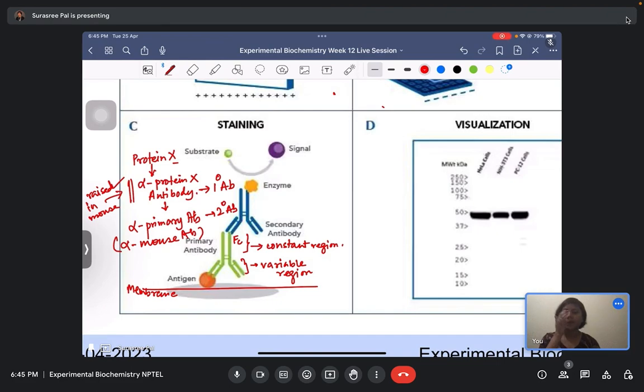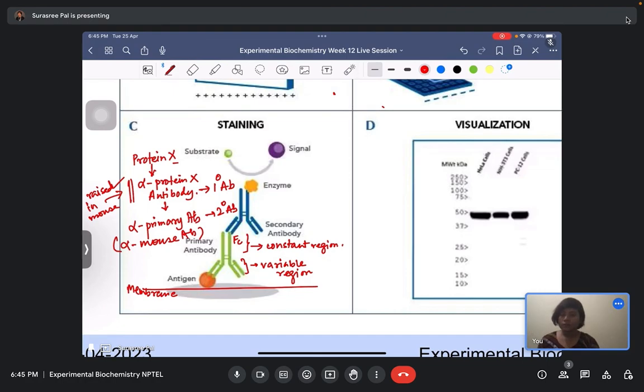Or if our primary antibody is raised in some other species, our secondary antibody has to be specific to that particular species, right? It can be rat, it can be mouse, it can be rabbit, it can be donkey, it can be any other organism as well, right?